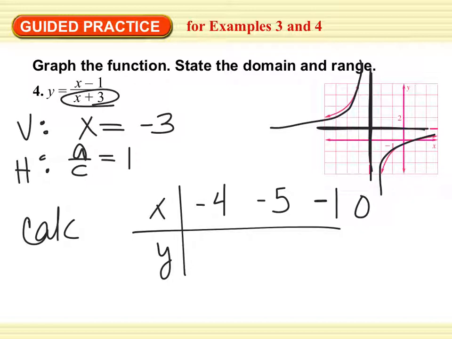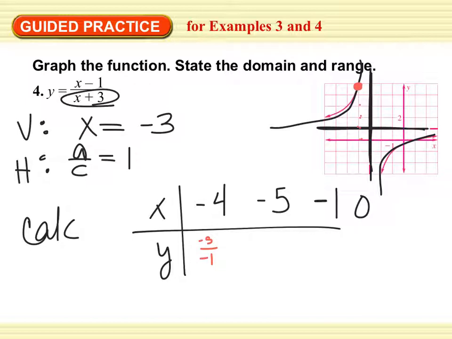If I plug those in, -4 minus 1 is -5 over -4 plus 3 is -1. So that's +5. So I'd go over -4, and up 5. Then same for -5.